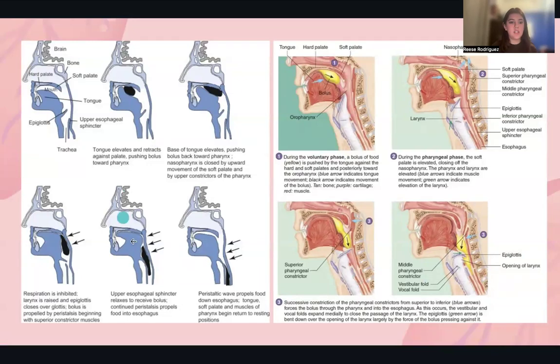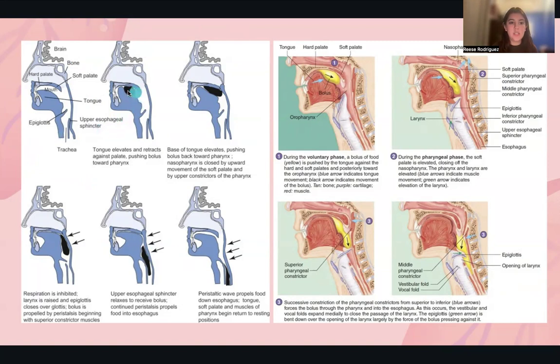So let's take a look at this one first. This one kind of gives us an idea about specifically what is being used in our first two stages. So we have our hard and soft palate, our mouth, our tongue, our epiglottis. And then throughout the process, you're also going to use things like your lower and upper esophageal sphincters, your trachea, your larynx, your pharynx.